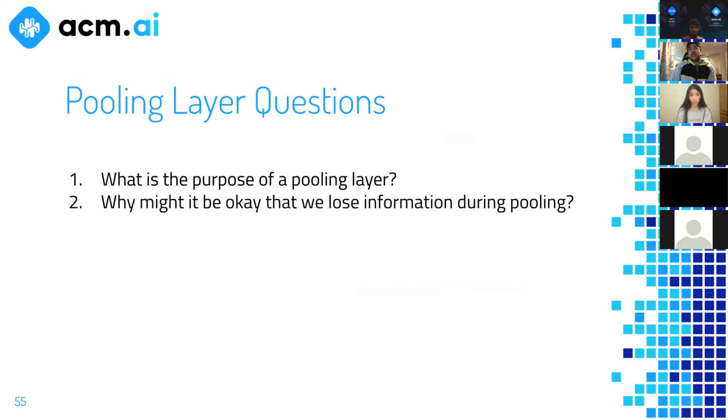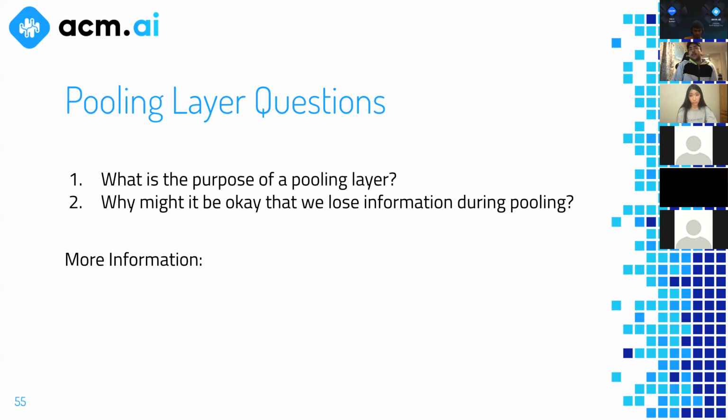All right, so let's run through some questions and test our understanding as we go. What is the purpose of a pooling layer? You could type this in the chat or aloud, whatever works for you. And why might it be okay that we lose information during pooling?